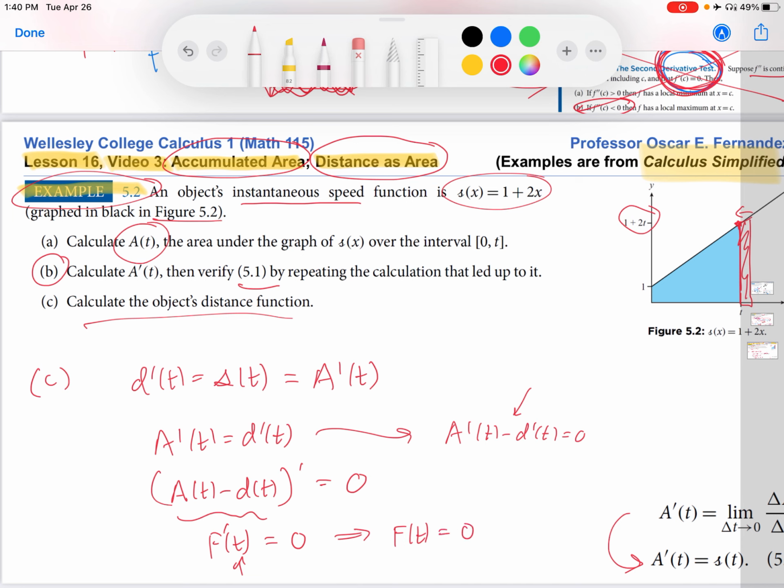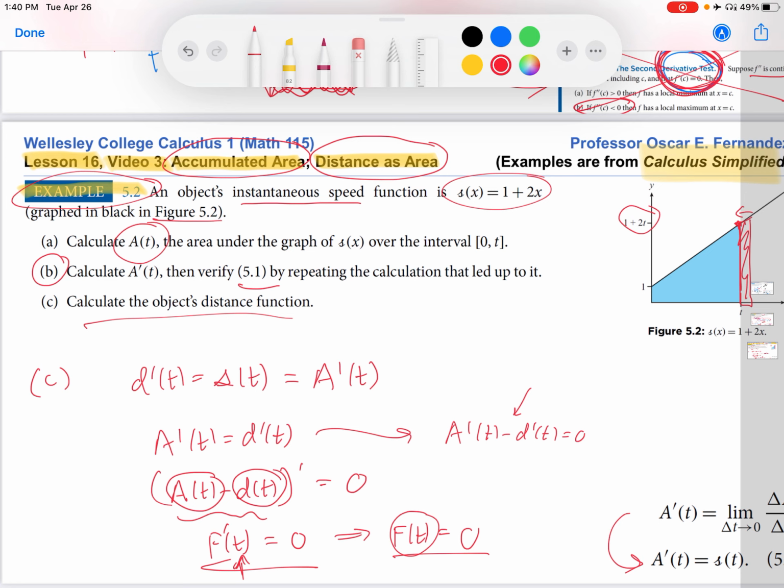If you think of a function whose tangent line slopes at any t value are 0, that's what this is saying, then it's really hard to think of a function with that property that is not constant. It could be constant, so maybe not 0, but it could be 7 or 29. There are ways to argue that it should be 0. And the way to argue that in this case is to think about what F of t represents. It's an area minus a distance.